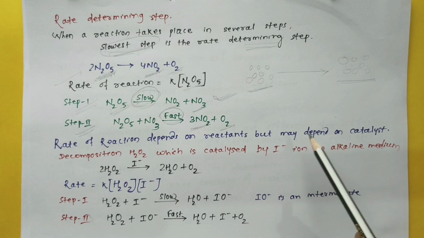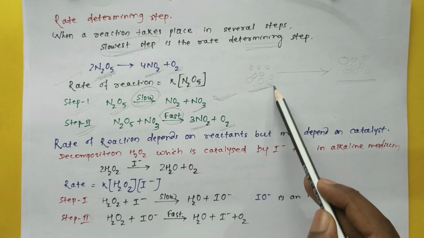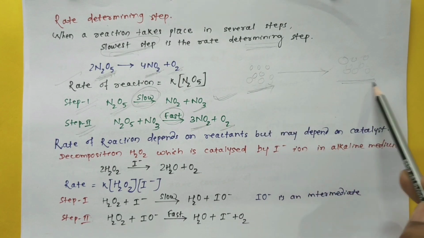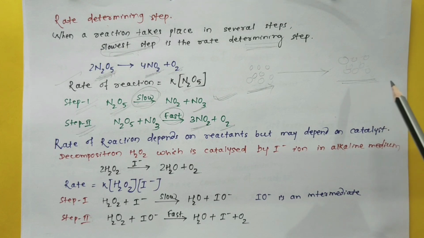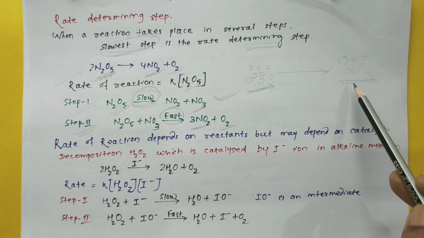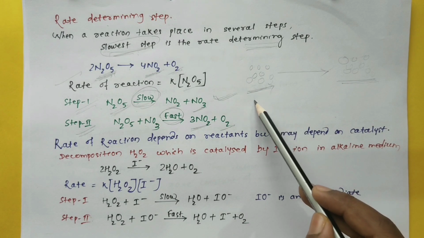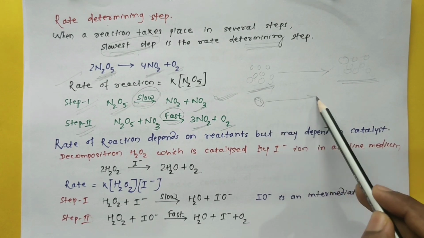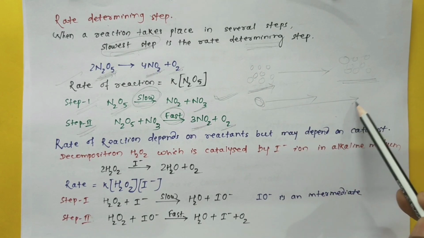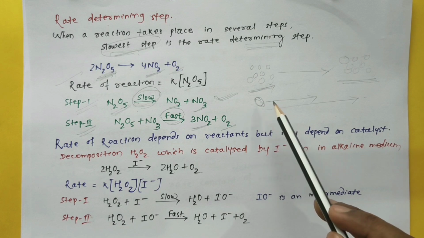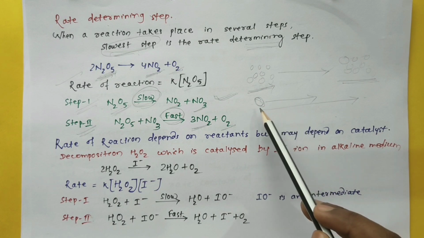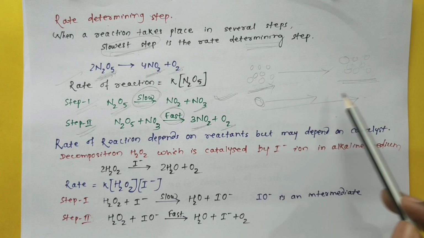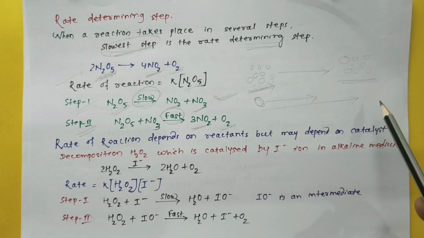That's the rule here. If the slowest person moves faster, then obviously you will reach your destination quickly. If the slowest person walks slowly, then obviously it will be very difficult for you to reach your destination quickly.